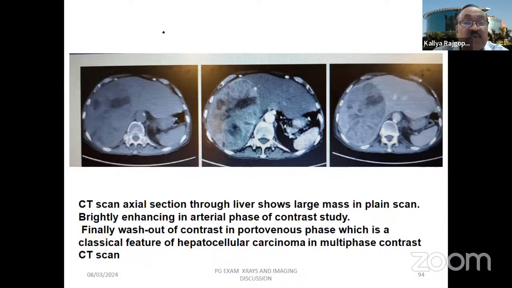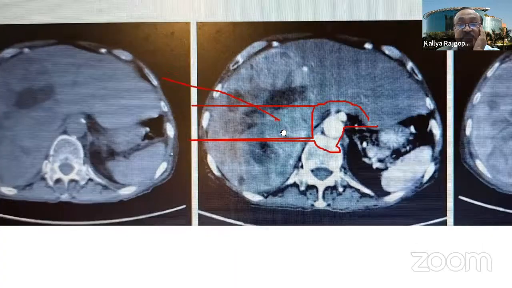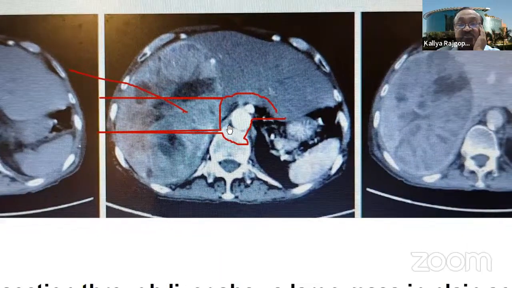Now, if you see the first picture, there is an axial section, a plane. You can see there is a mass lesion. But if you see the second picture, which I have enlarged now, you can see very nicely there is an aorta there, and obviously you can see it is brightly enhancing.